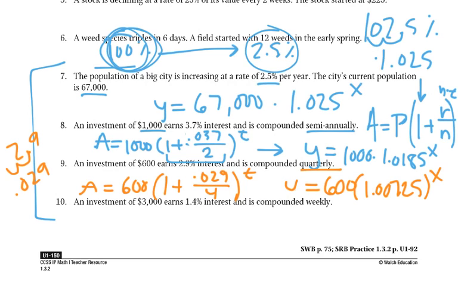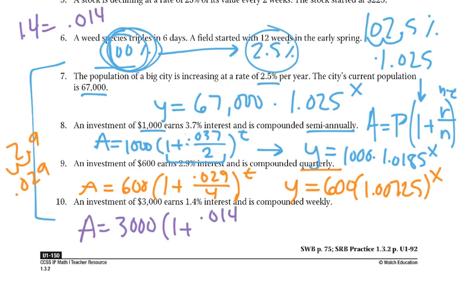So x and y. Now the last one would be an investment of 3,000, so A equals 3,000 times 1 plus 1.4% would be 0.014 over compounded weekly, that's 52. So 52 weeks to the t. So we'd change it to y equals 3,000 times, so we'd go 0.014 divided by 52.